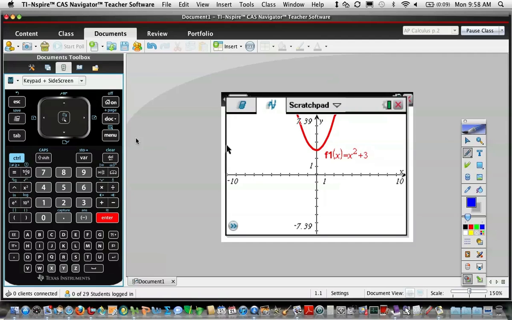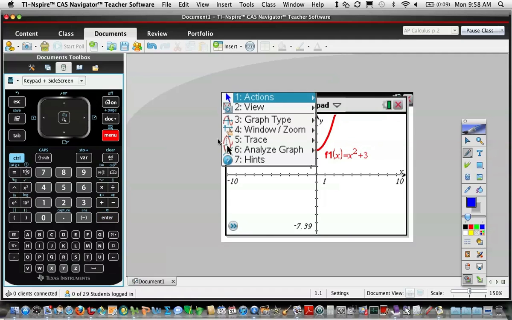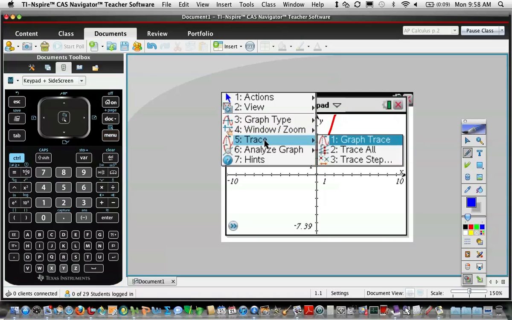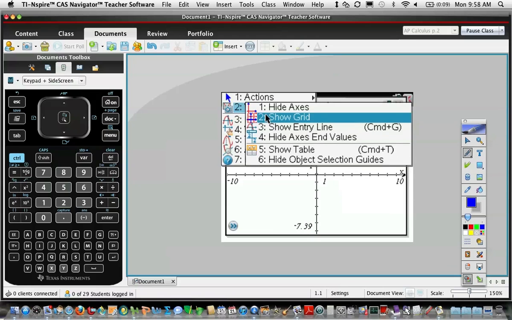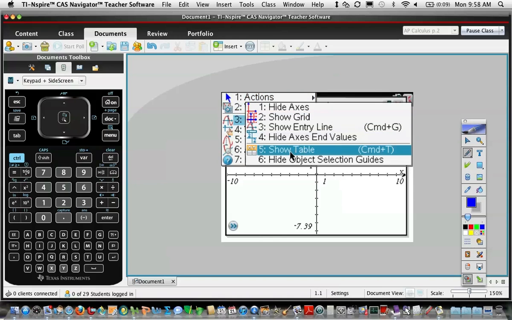And the way we get a table is we go, I think it's in the menu. Oh shoot, I just did it. It's in View, that's where it is. Under Menu, when you're in the graph screen, go to Menu and then View and then Show Table.